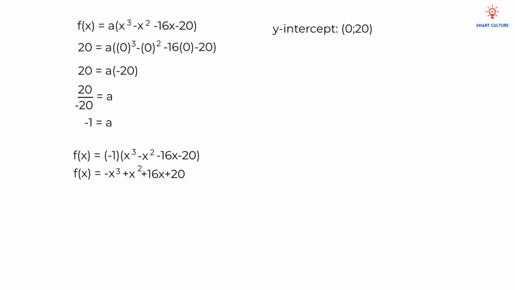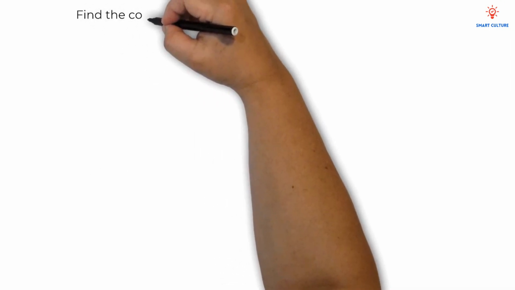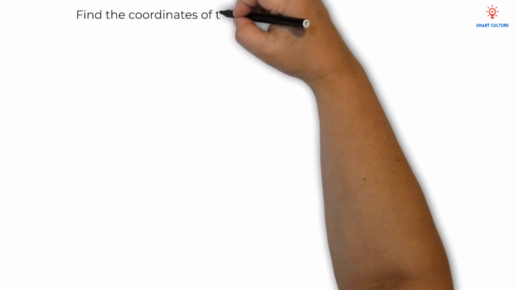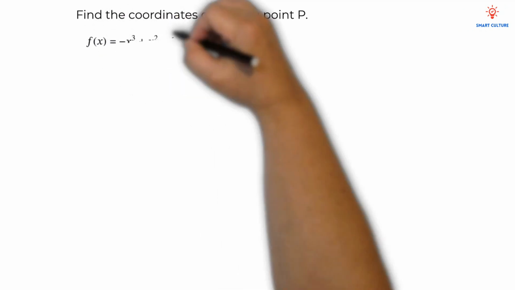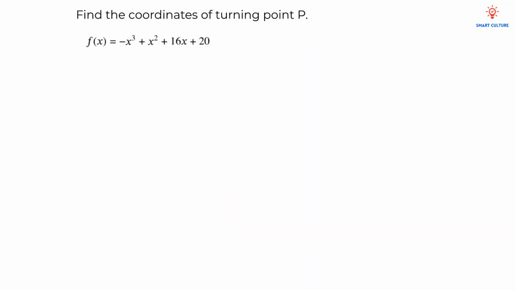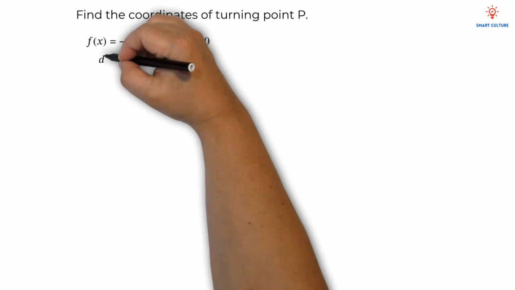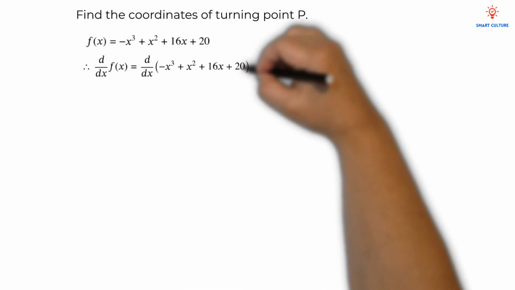The next thing that we can now do is determine the turning point of this function. So we can find the coordinates of the turning point P. What we do is differentiate the function. We need to figure out the coordinates of point P, which is one of the turning points of the curve. To do this, we use the fact that the derivative at the turning points must be equal to 0.